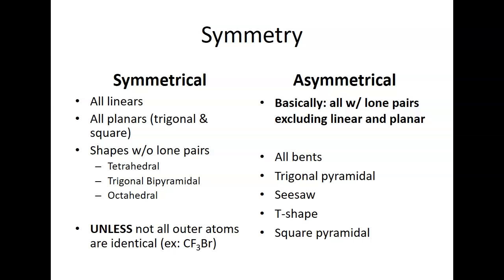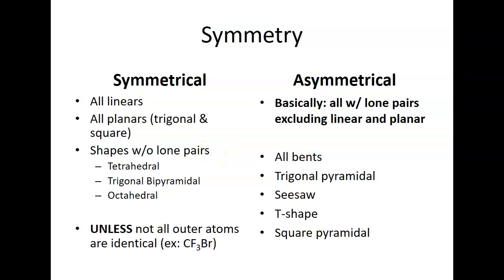Okay, so how do you know which shapes are symmetrical or not? The way, frankly, I learned this is I just remember these three bullet points on the left. If I remember these three bullet points, I remember everything that's on this slide. So basically, if something is linear, planar, or if it doesn't have any lone pairs on the central atom, it's symmetrical.